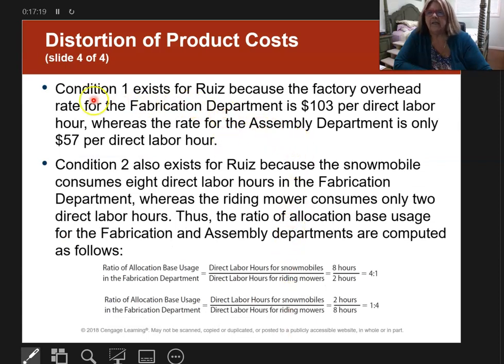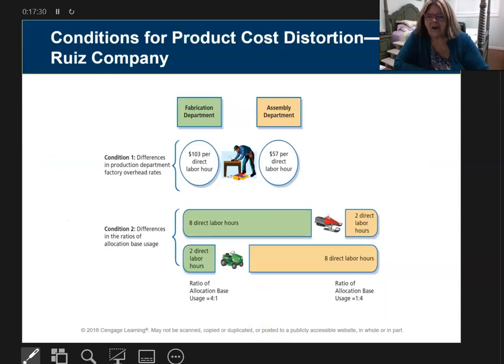It talks about condition 1 and condition 2. I'm not so much worried about you explaining this part as I am that you know how to actually calculate everything. So this is the ending of the multiple production department rates, and we'll pick up with activity-based costing on the next video.